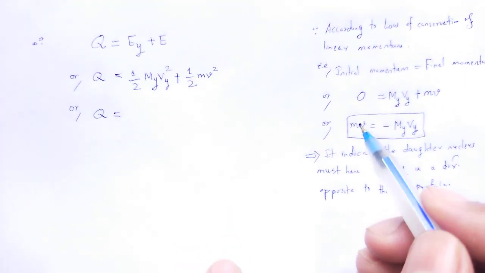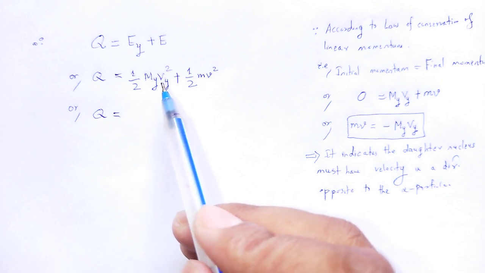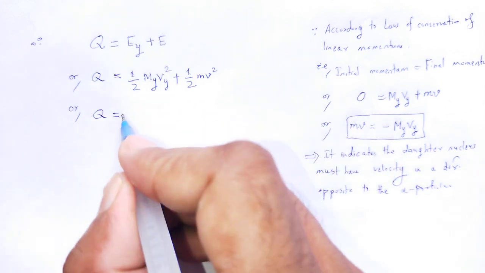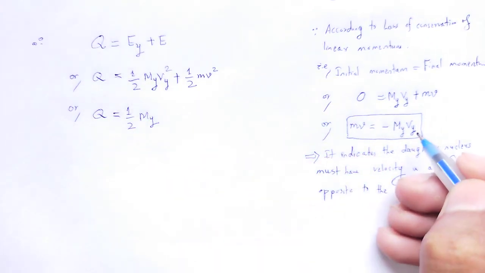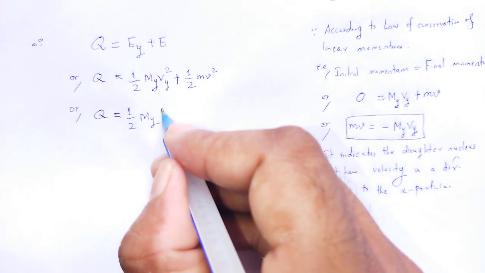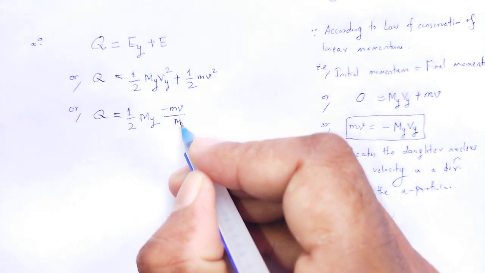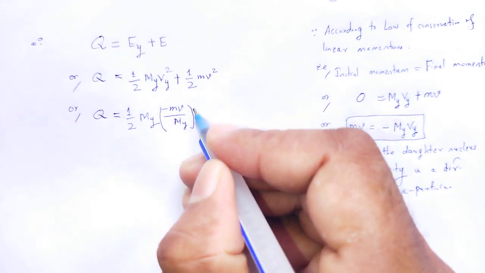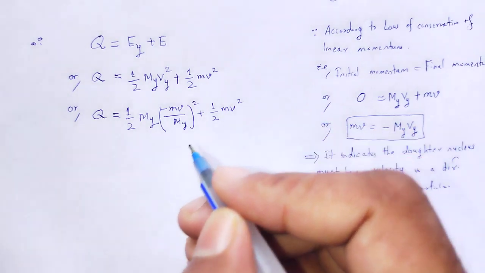From that relation we can find the value of Vy. So, half My, in place of Vy we substitute minus m v divided by My, whole square, plus half m v square.